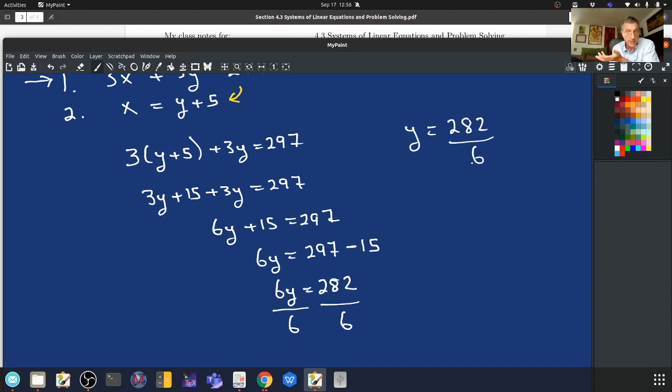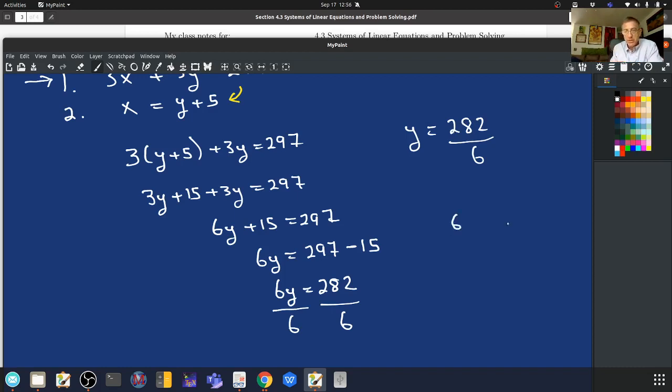Why? Because 6 is 3 times 2. So we know that 282 is divisible by 2 because it's an even number. What about divisible by 3? What's the test for that? We add up the digits. 2 plus 8 is 10. 10 plus 2 is 12. Is 12 divisible by 3? It is. So that means 282 is divisible by 3.